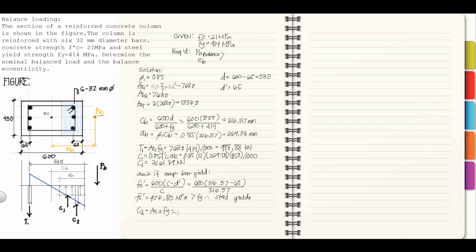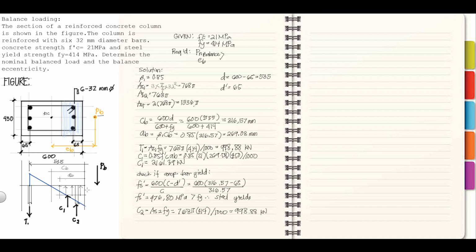So that is 768 pi, times 414 divided by 1000. You will get the same value as T1, so 998.88 kilo Newton. Okay? So ito na yung mga force natin.